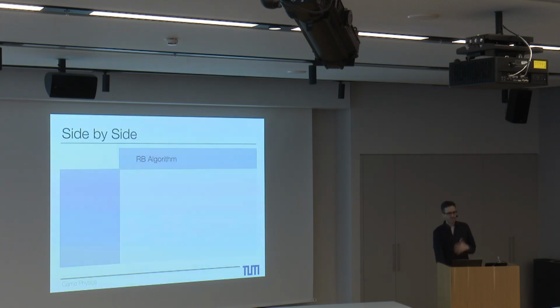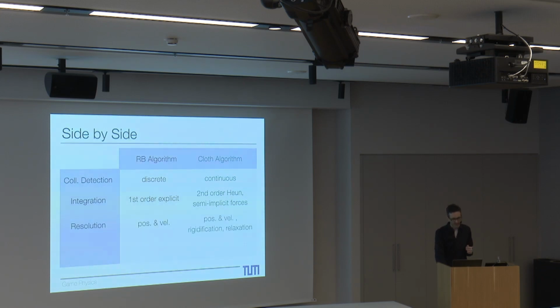Nonetheless, the main idea is to show, based on our standard rigid body algorithm, these are the points that could be improved or changed. Here's one more complicated algorithm. So we had the collision detection step being continuous here, a second order integrator for these parts of the forces, all these additional relaxation and rigidification steps for resolving the positions, and then here all these extra margins for collisions.